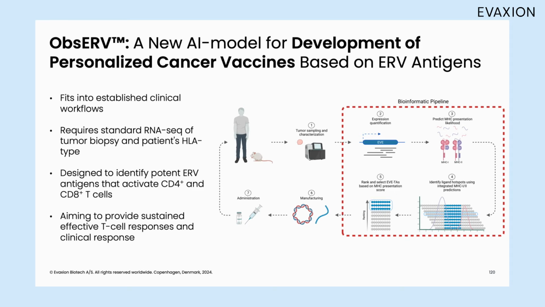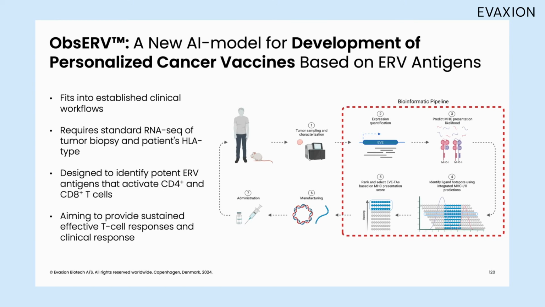So the first step is to collect a tumor biopsy from the patient, and that is to characterize the patient's HLA type and also identify those ERVs that are specifically expressed in the tumor. Then MHC ligands are predicted, and we rank the ERV-antigens, peptides within the ERV-antigens, based on the potency of the predicted MHC hotspots.